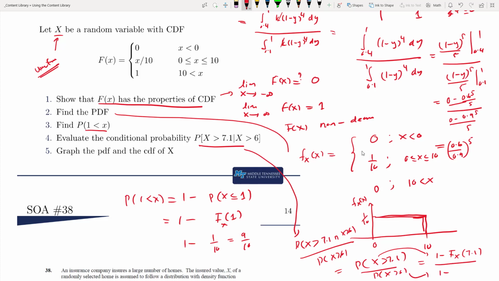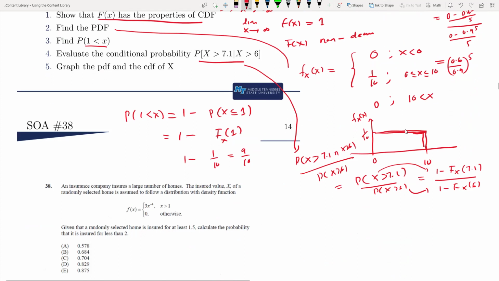How do I get this? It is 1 minus Fx of 6. So that would give me the values 1 minus 7.1 over 10, over 1 minus 6 over 10. Now you can get the answer. Graph the PDF and CDF. I really graph the PDF, and I would encourage you to graph the CDF and see how it's looking.